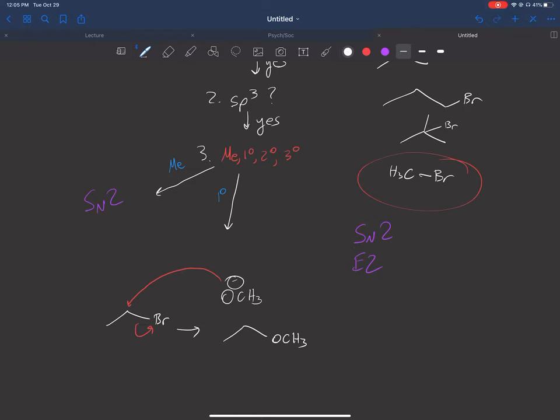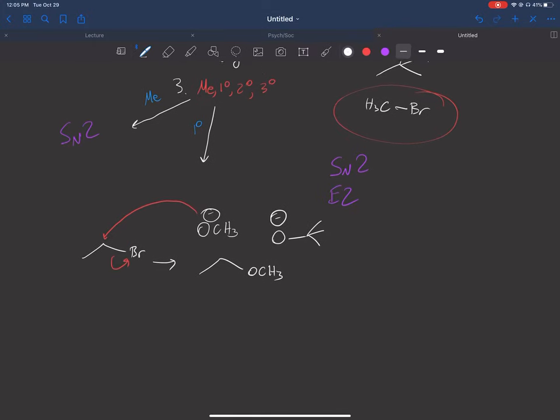Now, like I said, there is one case where this does not work. And that's if I had this compound, something called a bulky base. Remember, it's an O with a minus charge. We've talked about this as a base before, and I've called it a bulky base, it's tert-butoxide, right? But what about the nucleophilicity?